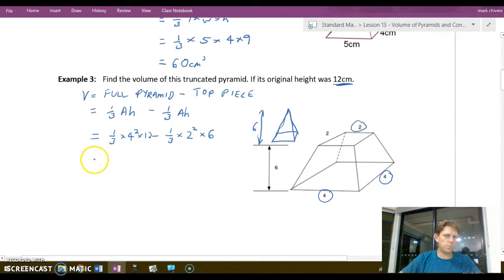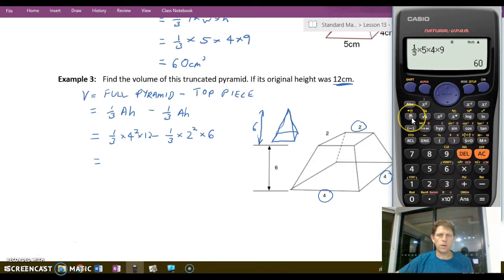Okay, so we just plug that into our calculator. 1/3 times 4 squared times 12, and we're going to minus from that, and we can put this all in the calculator at once, 1/3 times 2 squared times 6.